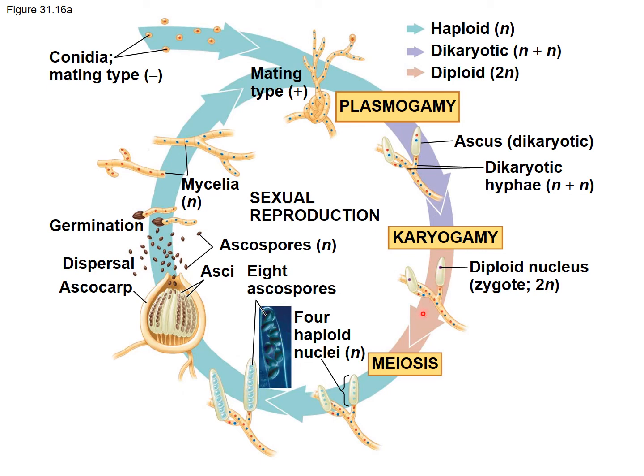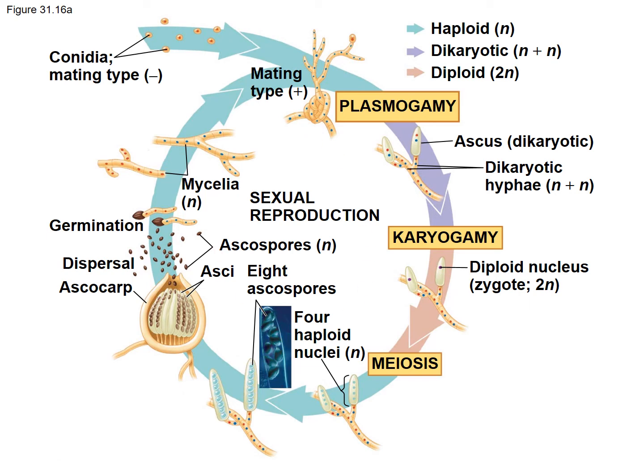Now, looking a little bit further, once these diploid nuclei form, they're eventually going to undergo meiosis, and meiosis is going to generate four haploid spores, which are going to be contained in these sac-like structures called asci. These are eventually going to multiply, and then the asci are going to get larger, and the asci are contained in larger structures called ascocarps. You can see right here, and here you can see spores are being released, which can continue the sexual life cycle.